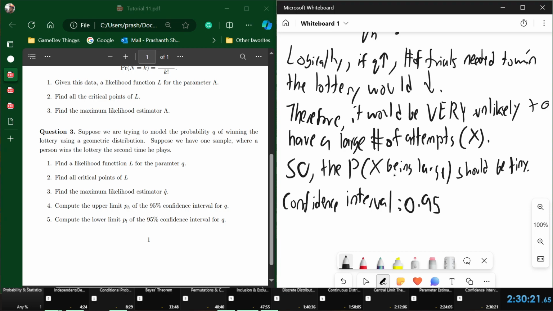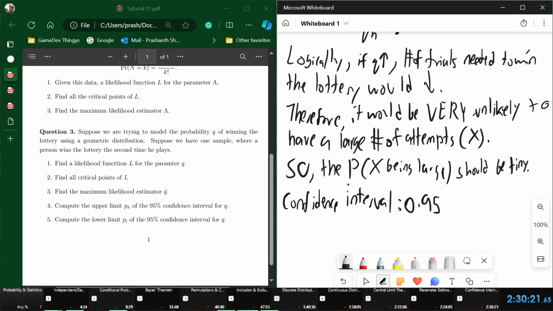So this must mean that we are 95% sure that X is a small number, because it would take like 1 or maybe even 2 tries to win if the probability was really high.